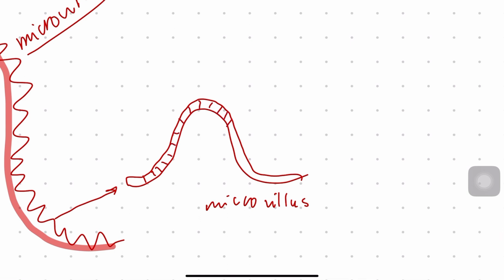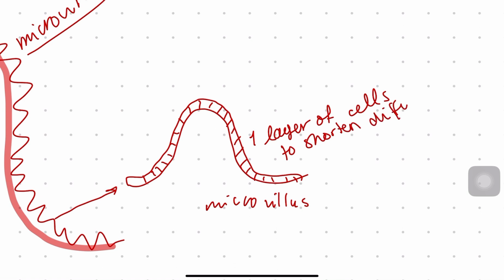So each one of these is a little cell, and one layer of cells is there to shorten diffusion pathways. That's exactly what it sounds like. It makes diffusion easier, for things to go in and to go out, they have to pass through the cell membrane, and that is way easier when there's only one cell. And we want it to be easiest because we need all these nutrients.